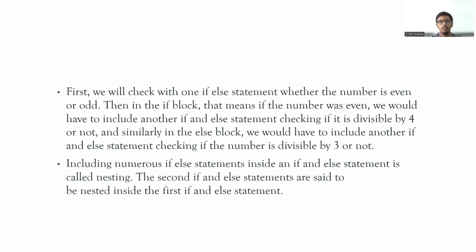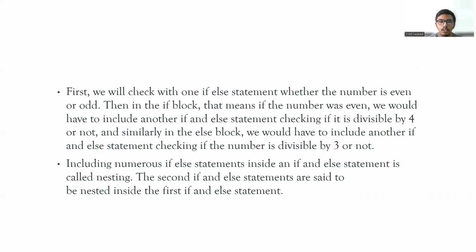First, we will check with one if else statement whether the number is even or odd. Then in the if block, that means if the number was even, we would have to include another if and else statement, checking if it is divisible by 4 or not.